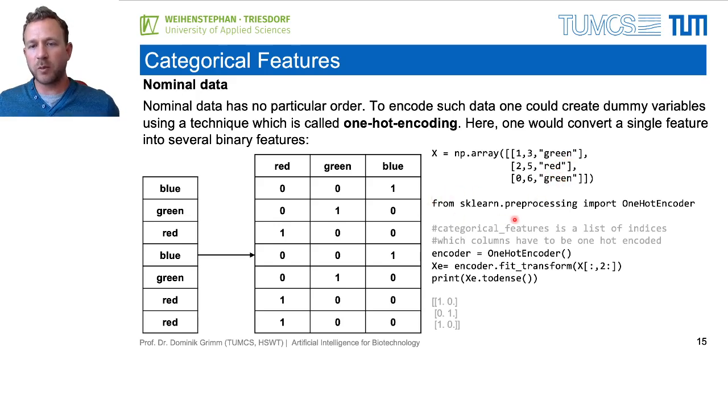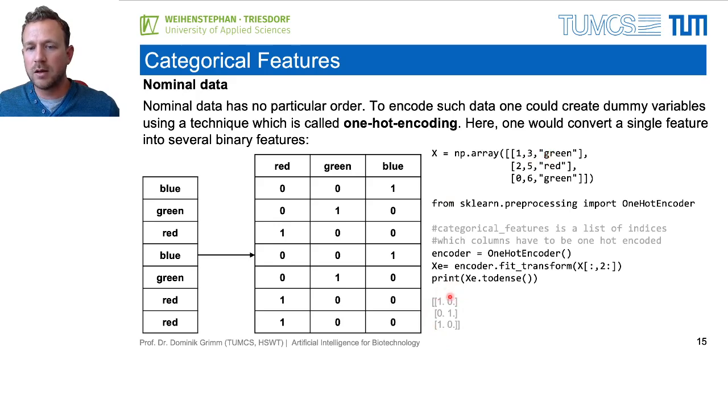Then we could import the one-hot encoder from the sklearn preprocessing package. We initialize it with encoder equals one-hot encoder, and then we can write our transformed feature Xe is encoder.fit_transform, and then we pass just the indices of the features which I would like to one-hot encode, and that's only starting at index 2 until the end, and then we will get back 2 features because we have green and red.